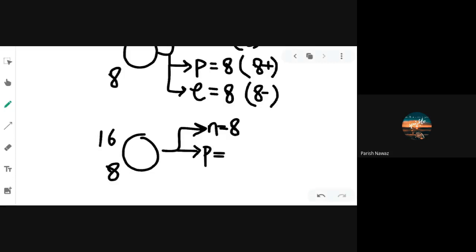So protons are equal to 8 here. Protons and neutrons do not get exchanged during ion formation or during bond formation. Therefore, they will remain the same everywhere.